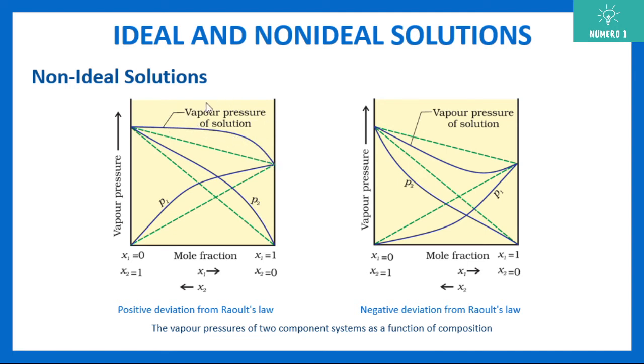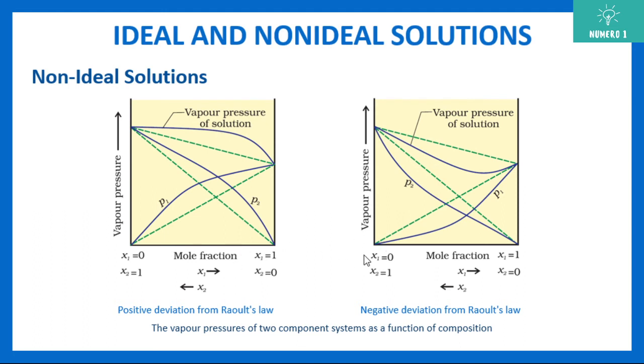When the vapor pressure of the solution is higher than the predicted value, it is a positive deviation. And this here is again predicted by Raoult's law, and by experimentation we see this violet curve, which has a lower vapor pressure. So this is a negative deviation from Raoult's law. Okay, so please understand both of these graphs.